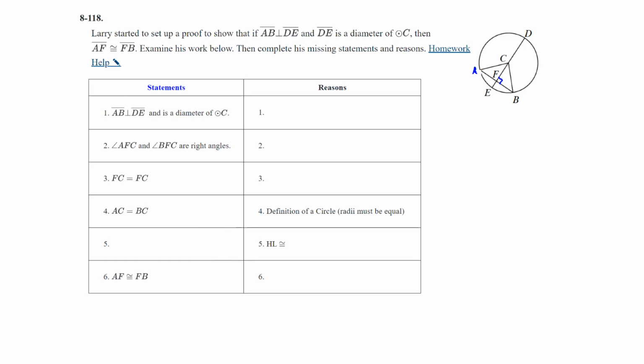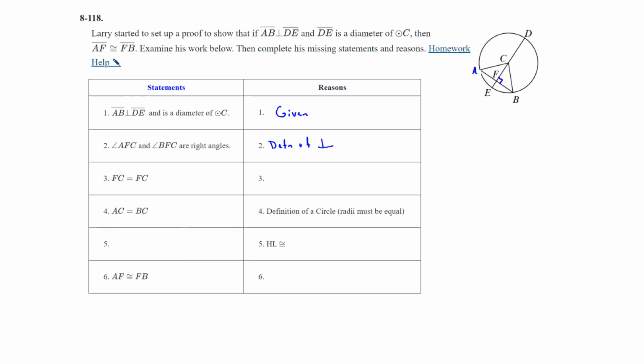So the first part is it's given. That was the information given, that it was perpendicular, and that DE is the diameter of that as well. Statement 2, angles AFC and BFC are right angles, and we know that because of the definition of perpendicular. Okay.